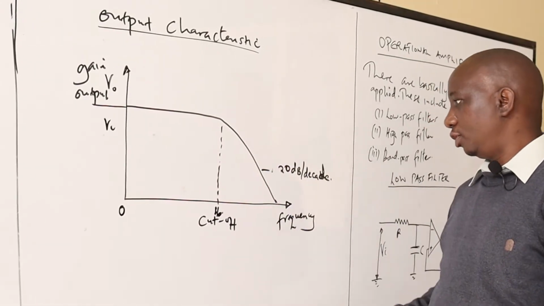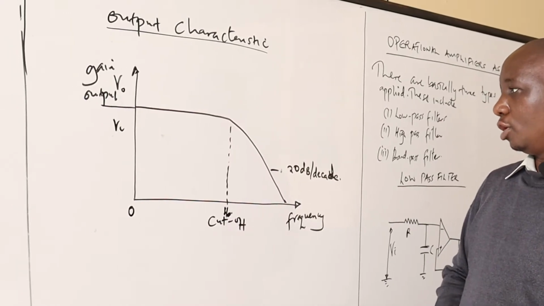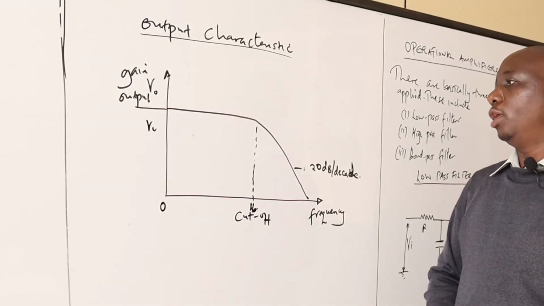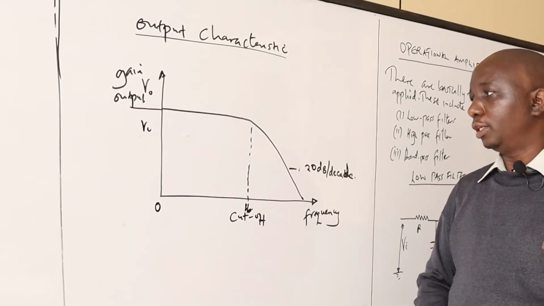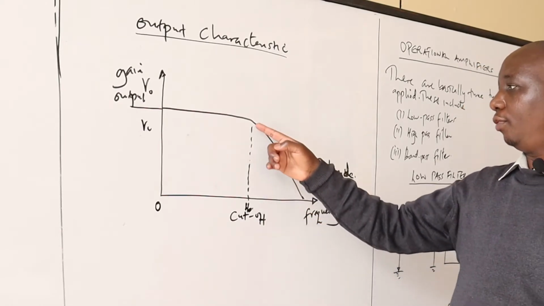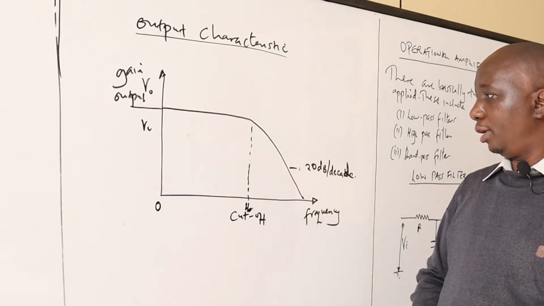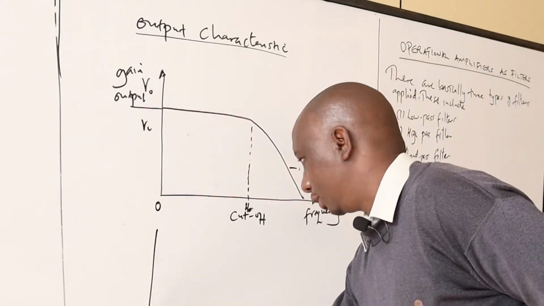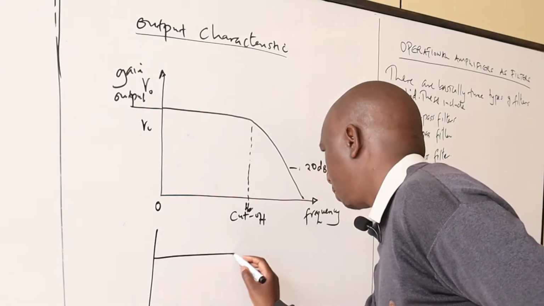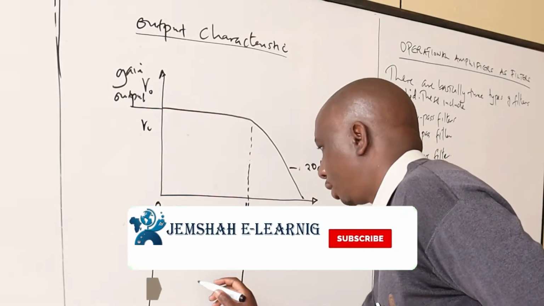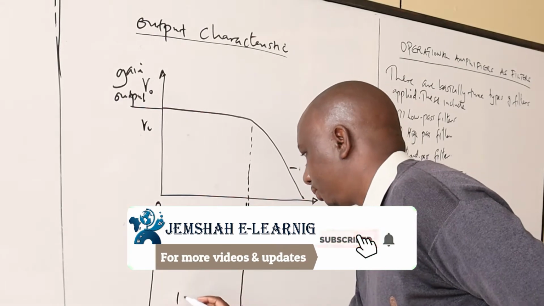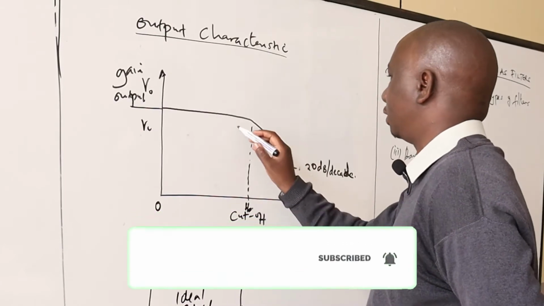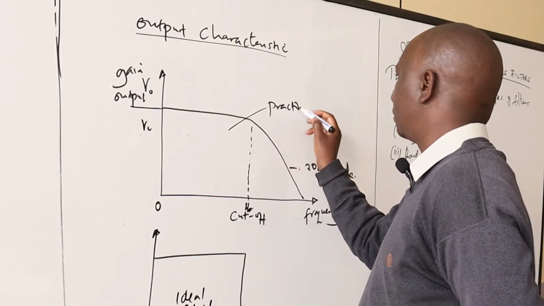The conductivity reduces to almost zero. This is a practical low-pass filter. When it's an ideal low-pass filter, we shall have the broken line being the margin, and we shall have it drawn like this. So this is the ideal situation, and this is the practical situation.